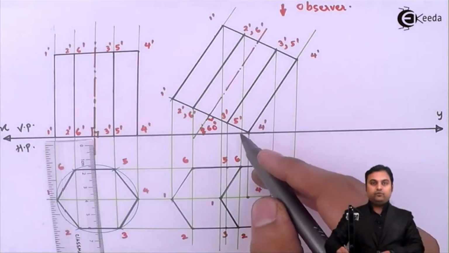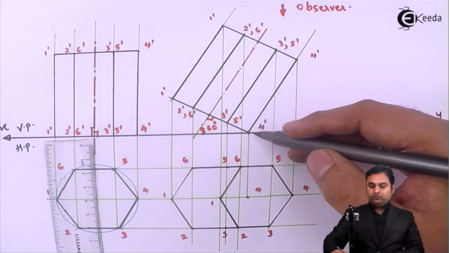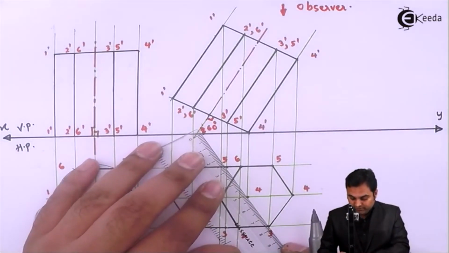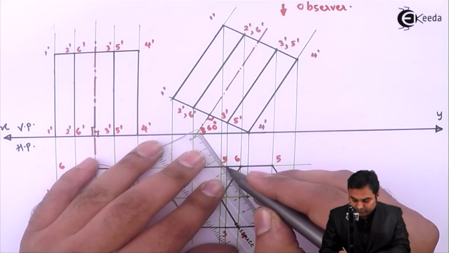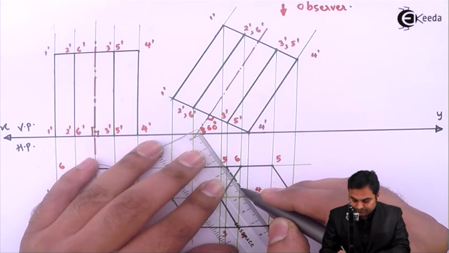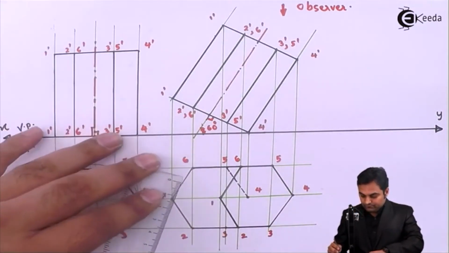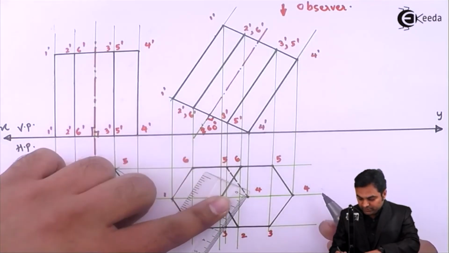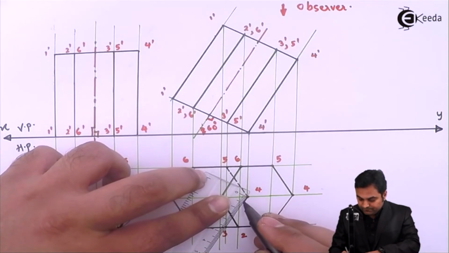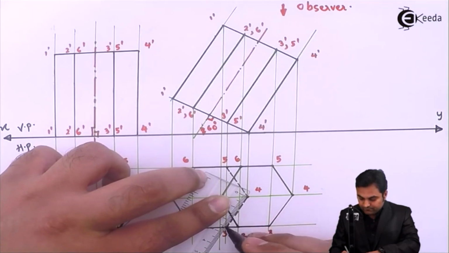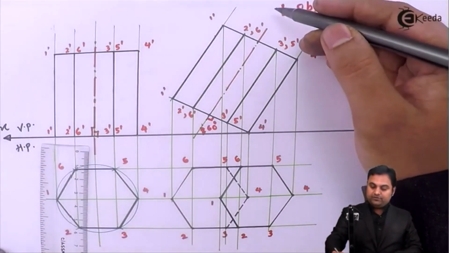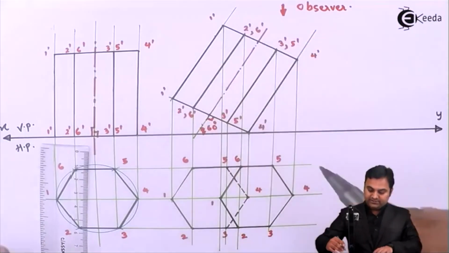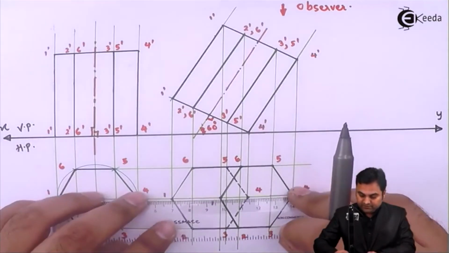Next, if we see point 4, observer is here, point 4 is far away from the observer, so it will be hidden. So I'll connect 4 to 5 with a dotted line, and then again 3 to 4 with a dotted line. Then when the observer is here, the edge which is 1 dash 1 dash, this edge will be completely visible.